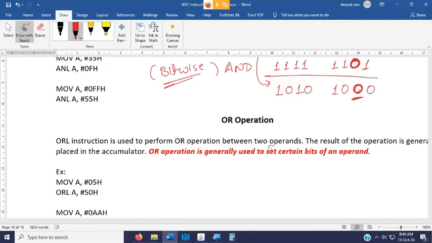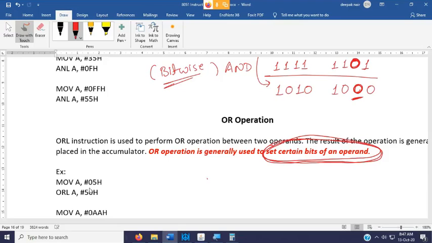Okay, this is important. So the OR operation is used to set certain bits of the operand. If you want to make certain bits high, just like we made certain bits 0, we can make certain bits high by using the OR operation.